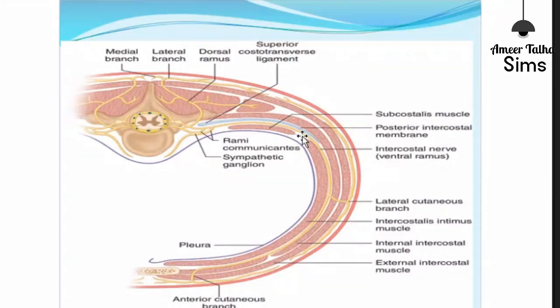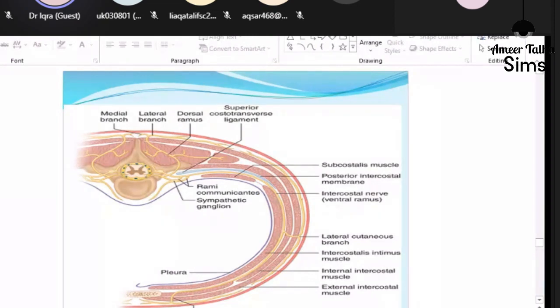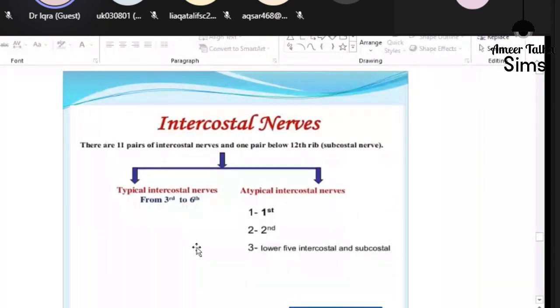So we have typical intercostal nerves and we have atypical intercostal nerves. From 3 to 6, we have typical intercostal nerves, and 1st, 2nd, and lower 5 intercostal and subcostal, these are atypical intercostal nerves.